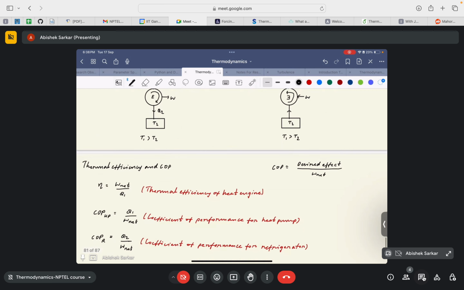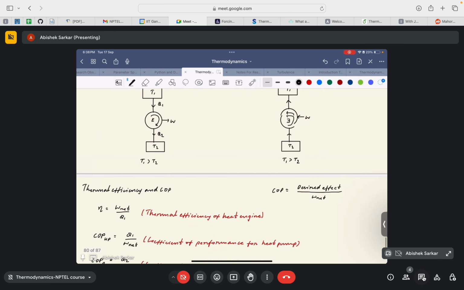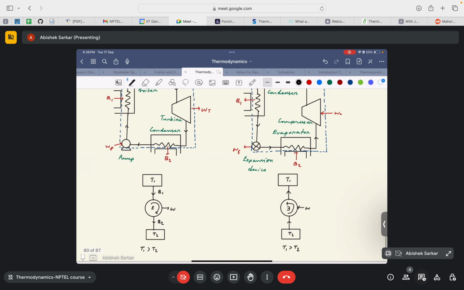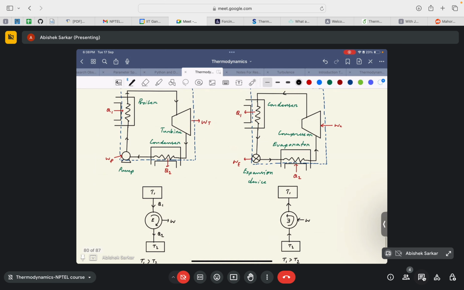In the case of a heat pump, our desired effect is the heat expelled out of the system that is used to heat up our room or the storage. We need to heat up a storage or a room, so that's why the heat expelled out of the heat pump is of more importance, right? So this is our desired effect.